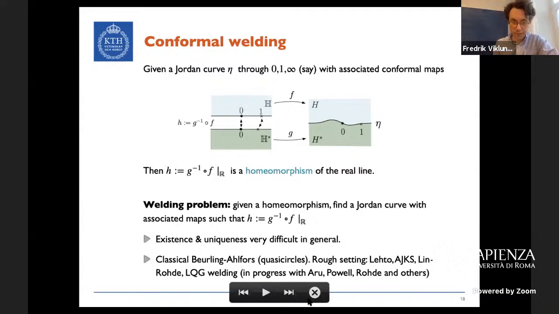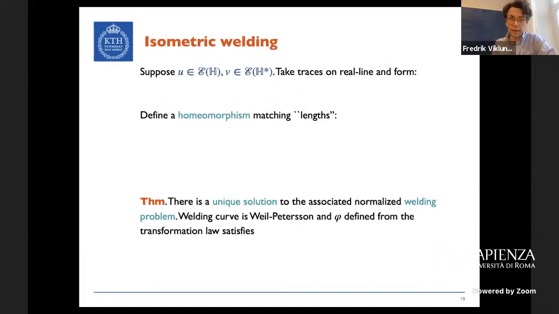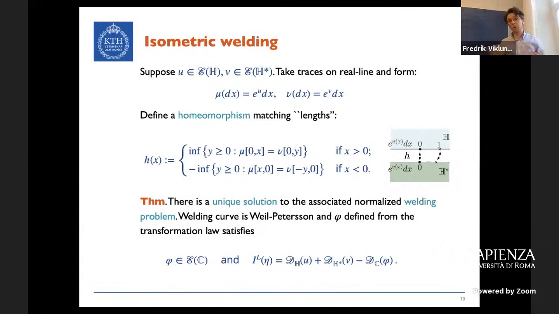So this is also a developing story, and there have been some very nice results by Stella Jones, Kupiainen, and Saksman, for instance, and also, of course, Sheffield's results in this direction. So there's this conformal welding that allows you to glue together a curve given a homeomorphism like this. And this is what we use to invert our process.